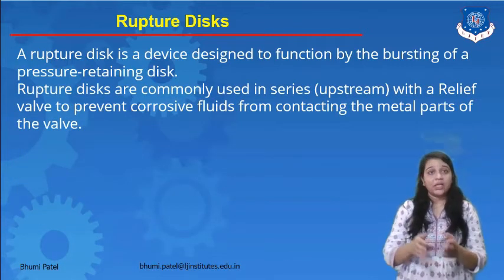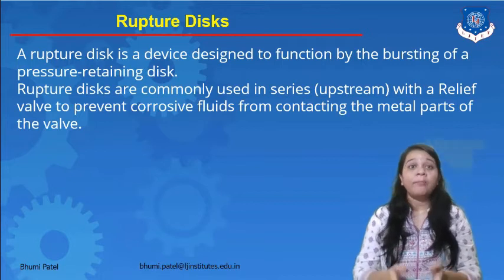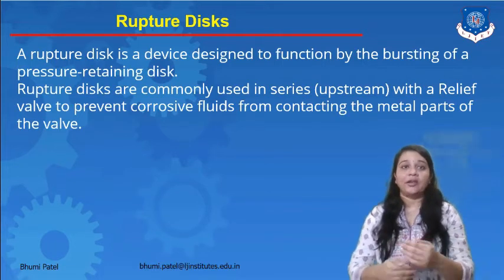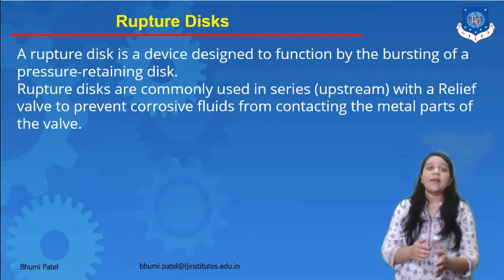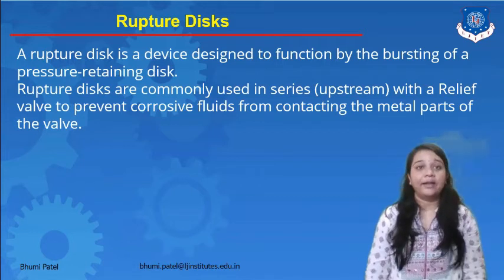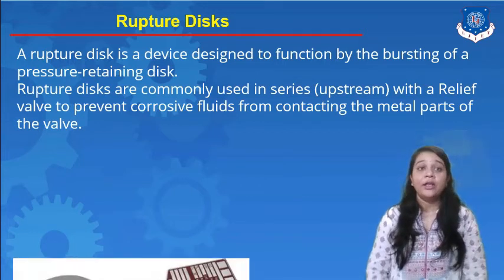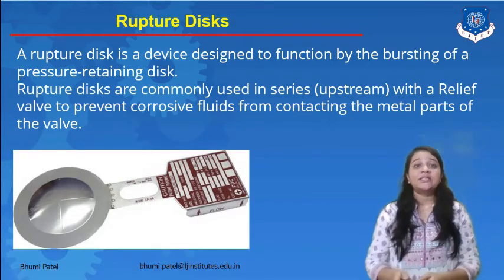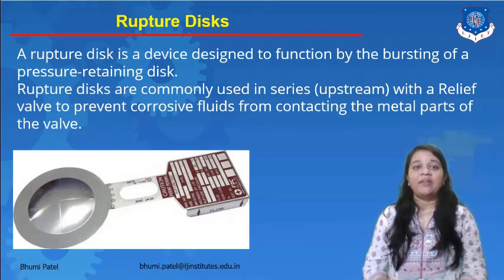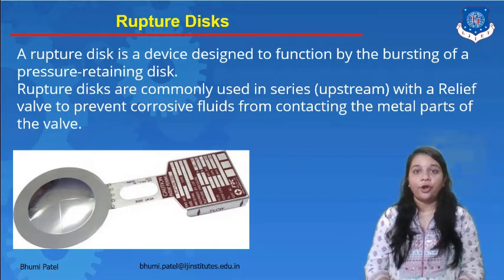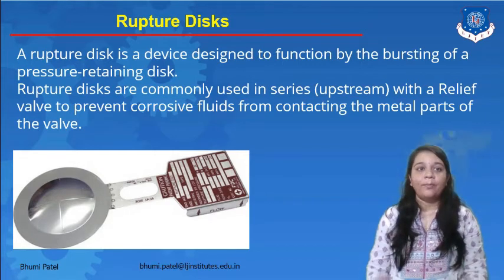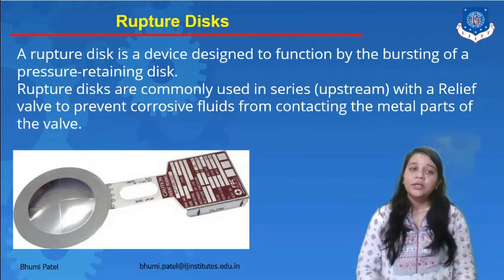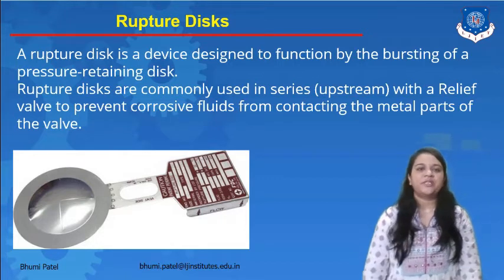Whenever the pressure relief valve cannot manage the inlet pressure, these rupture discs are connected to the control valve. Rupture discs are commonly used in series with the relief valve to prevent corrosive fluid from contacting the metal part of the valve. So this is the diagram of the rupture disc.